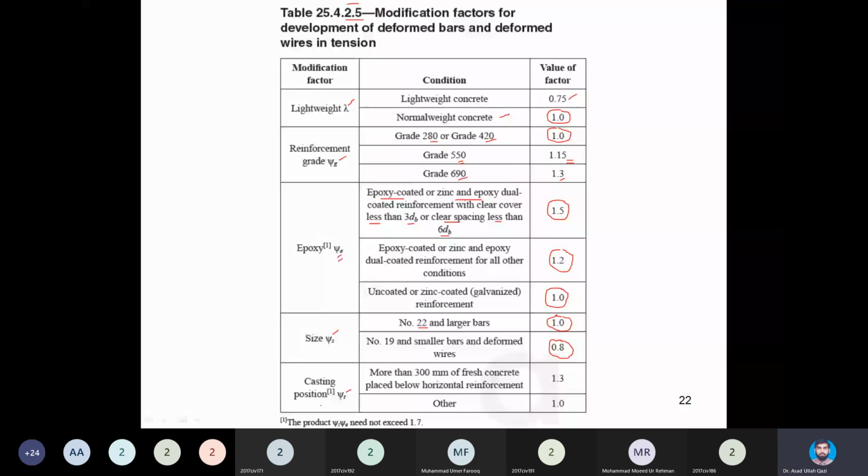And what is this location factor? Let me explain it through one picture.